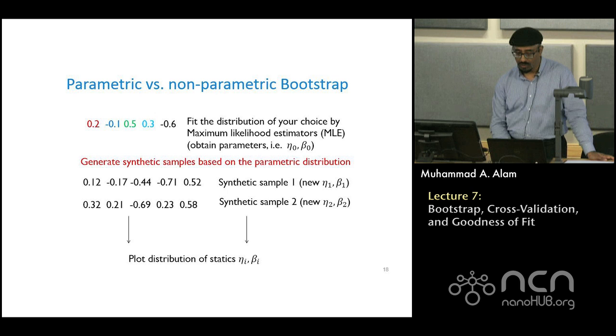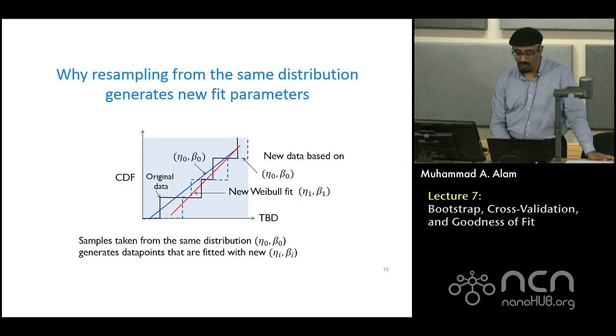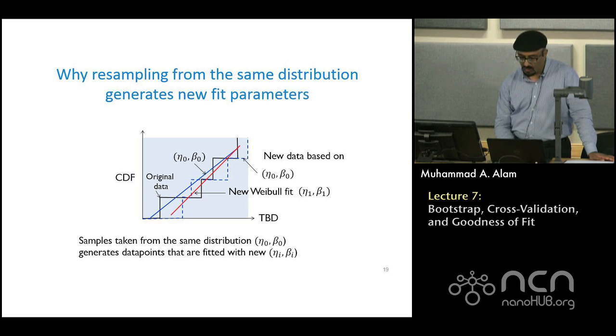Then what you do, let me show you with an example. First let me show you this one, and then I will go back. So let's say that this is your original data. These were the TI. First device failed here, second device, third and fourth devices failed here, and so this is your distribution. And from that, you have fitted the original Weibull.